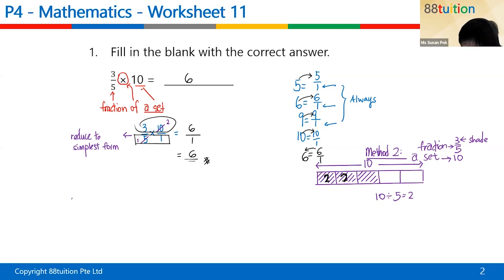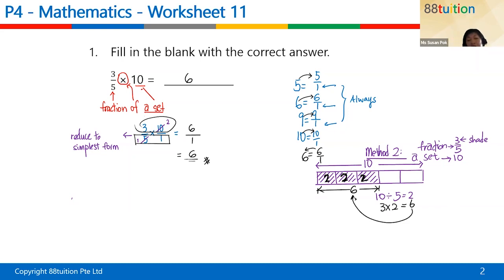This is 2, and this is also 2. So technically the 3/5 itself, from here to here, is 6. So you see the answer is still 6, because it's 3 groups of 2. So 3 times 2 equals 6.